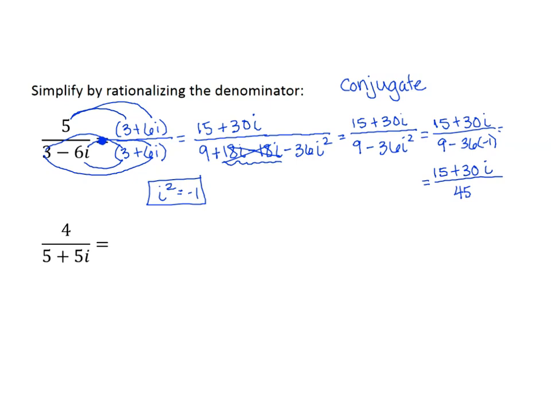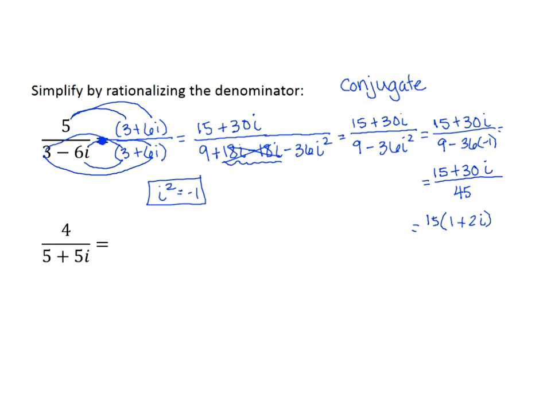Now, you might notice something about all of these terms. I've got a 15, a 30, and a 45. All of these terms are multiples of 15. So let me go one step further, I could rewrite this as 15 times 1 plus 2i, right?